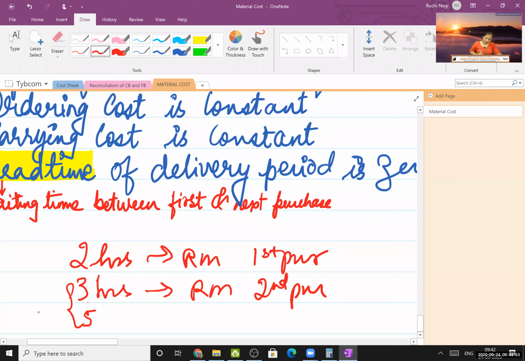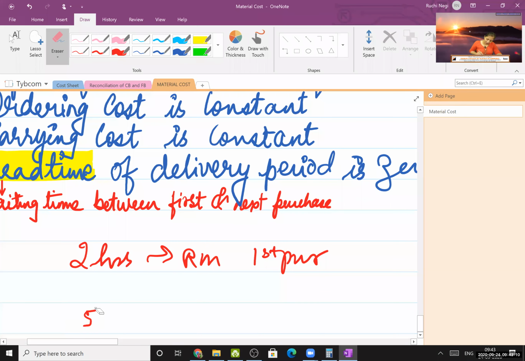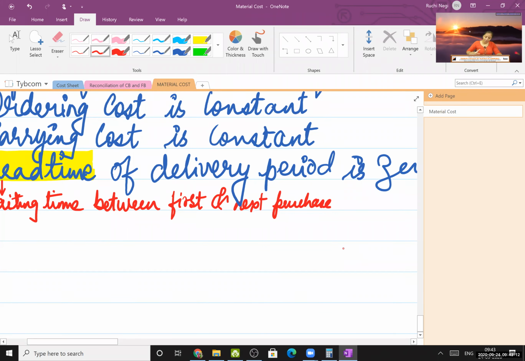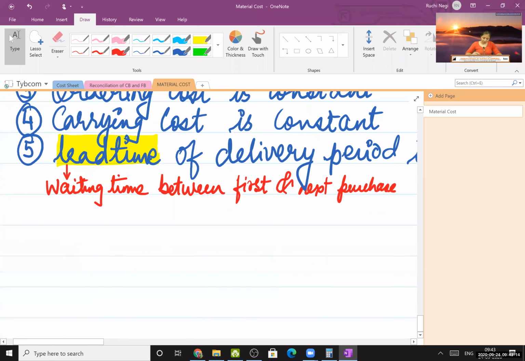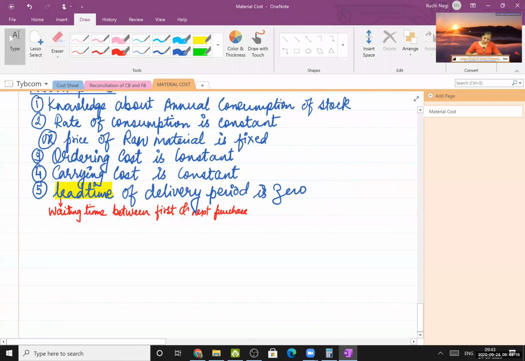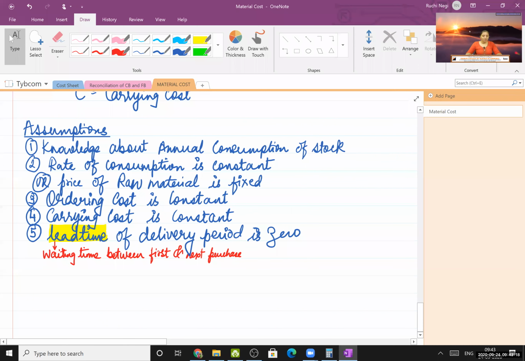So what is the waiting time to us? 3 o'clock I gave him a call. I said, okay, I want a raw material. He said, Madam, 5 minutes तक आएगा. So what is the delivery time? What is the lead time? 2 hours is the lead time. Okay. So lead time means the waiting time between the first purchase and the next purchase. Okay. So this is assumed to be nil.